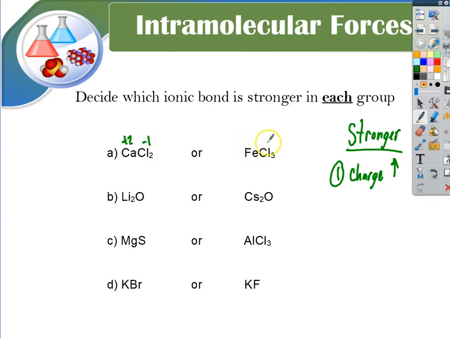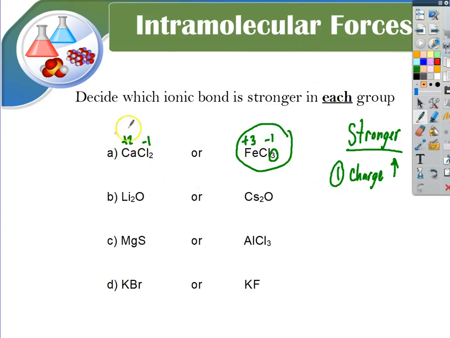Iron, I don't know what the charge is, but chlorine's a -1, and there's 3 of them. So iron is a +3. So looking at both of these, which one has a higher charge? This one. So this one should be stronger. So the magnetic force that's holding the iron and the chlorine is going to be a lot greater in iron 3 chloride than it is calcium chloride.